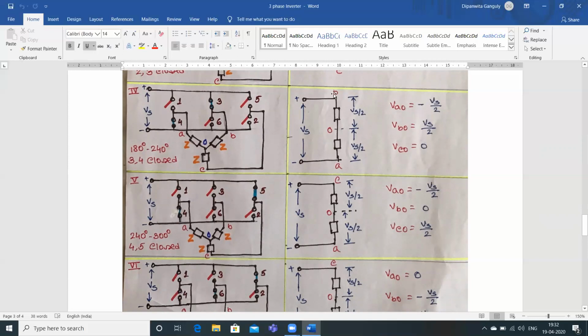So how much is VAO? Minus Vs by 2, because A is connected with the negative terminal of the source. VBO will be equal to plus Vs by 2, and VCO will be equal to 0. VAO negative, VBO positive.